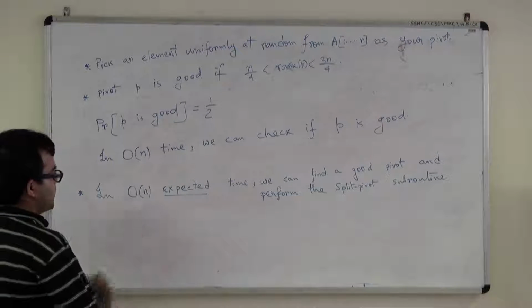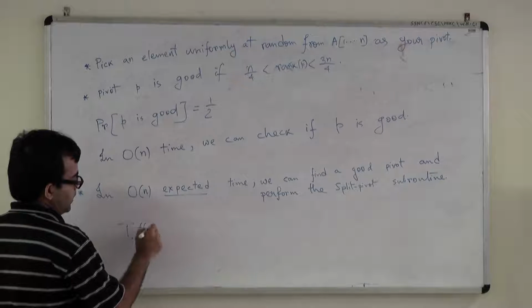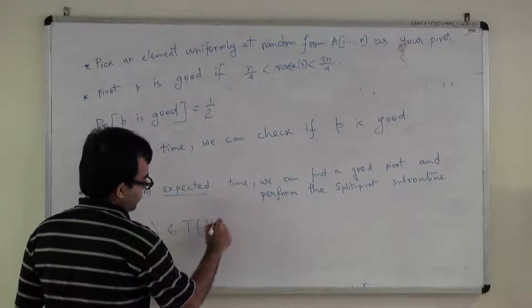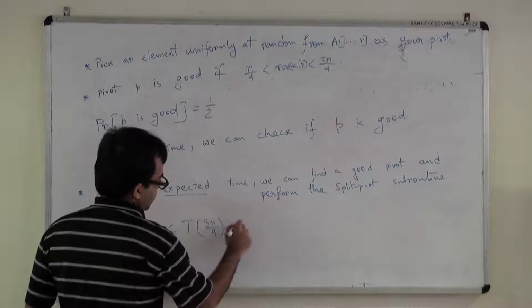Now, if this is the case, we started with this inequality: T(n) was at most T(n/4) plus O of n.